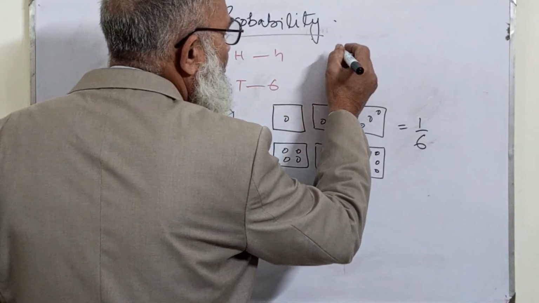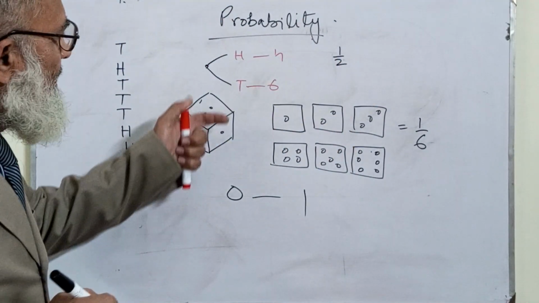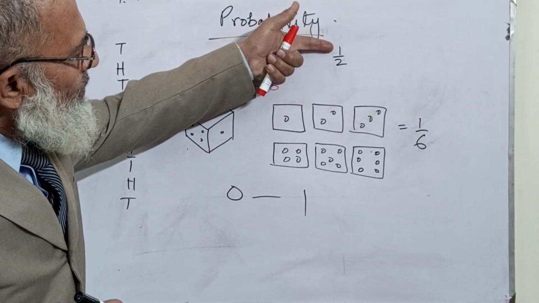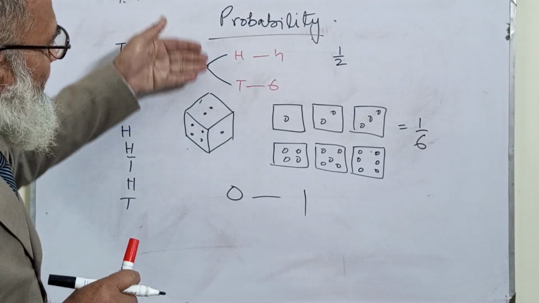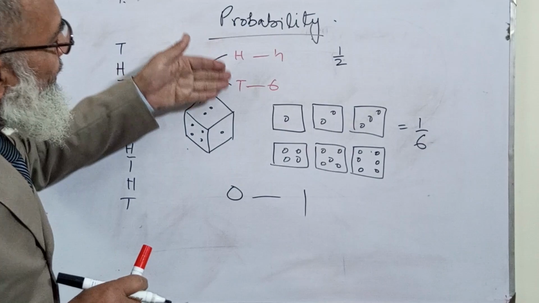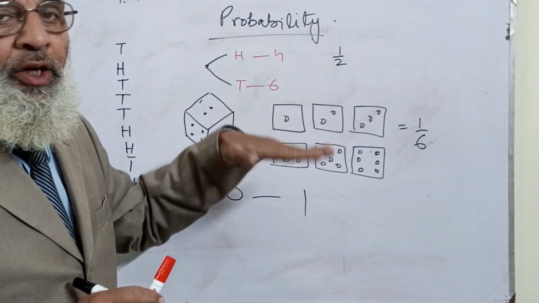This is equally likely, that means both faces have an equal chance of getting on the top.